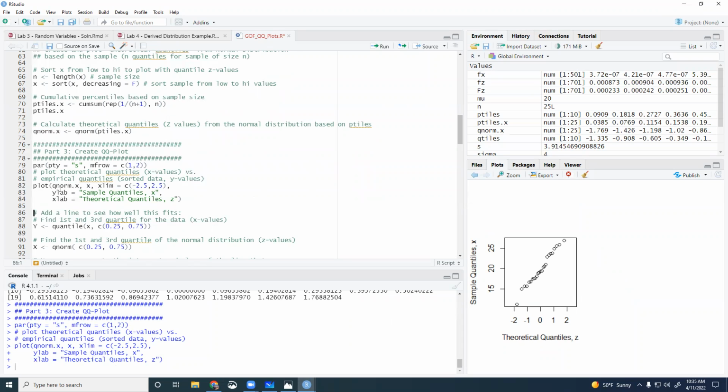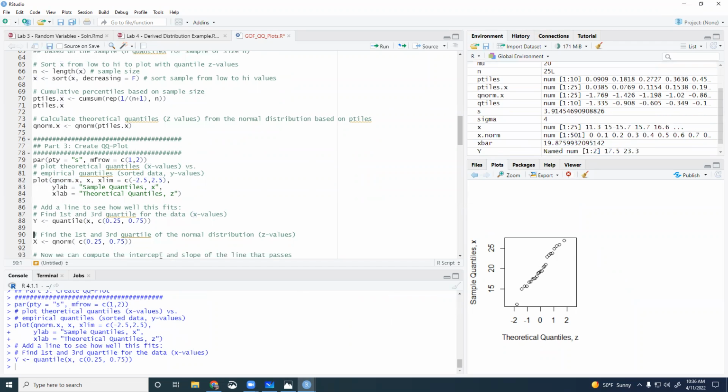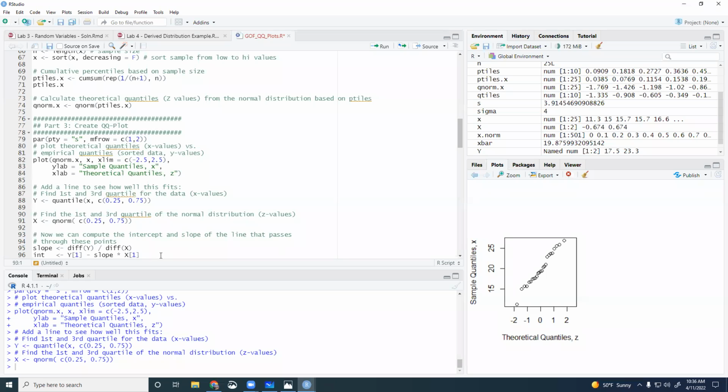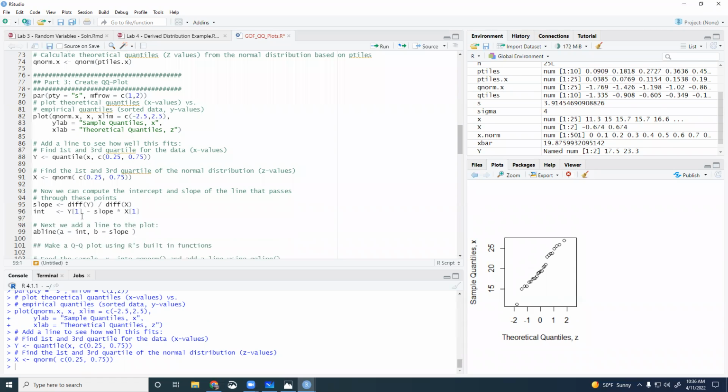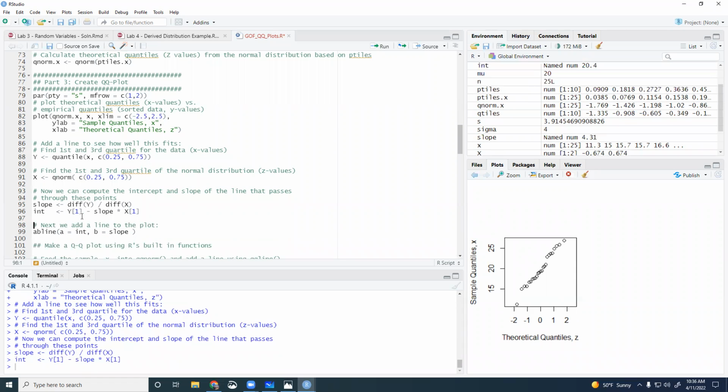So now all I did was plot the x values, which are the z-scores, along the quantiles, my sorted values for my observations. And then we're going to fit that line. So first we're going to get our y values based on the observations at the 25th and 75th percentile. We get our x values from the qnorm function, the z-scores, and calculate the slope and the intercept.